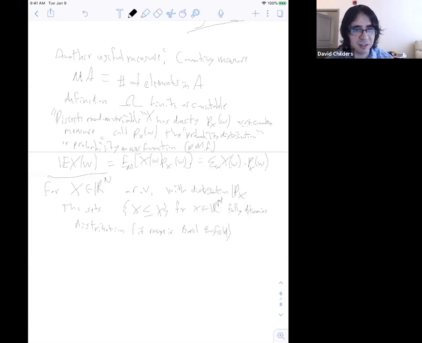And the sets that define the sigma field over the range space, we can restrict to these half-closed intervals, the sets x(omega) is less than or equal to little x. And so we get all the information we need.